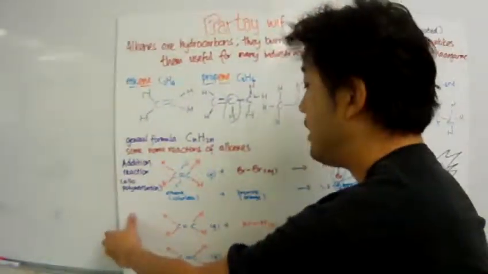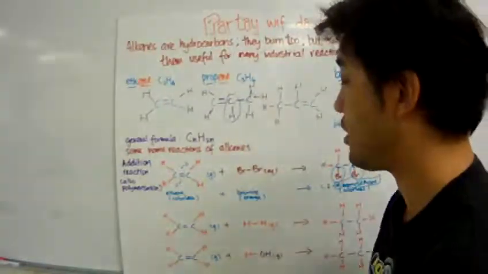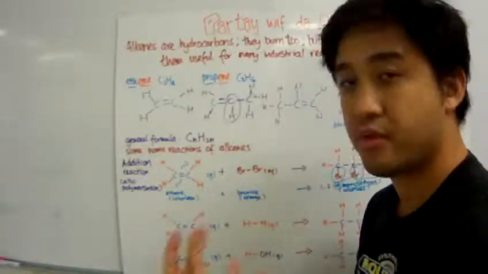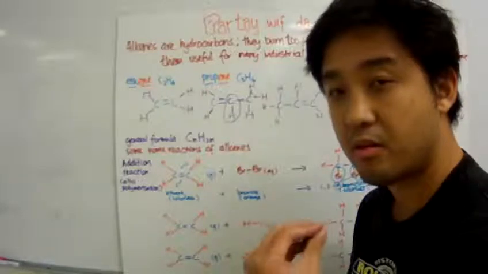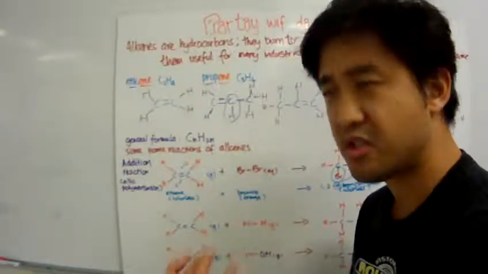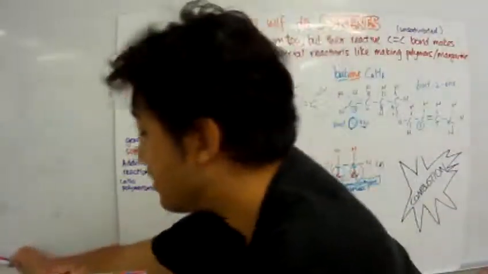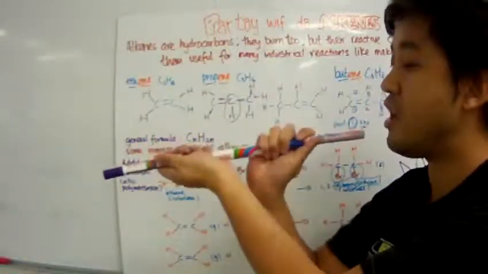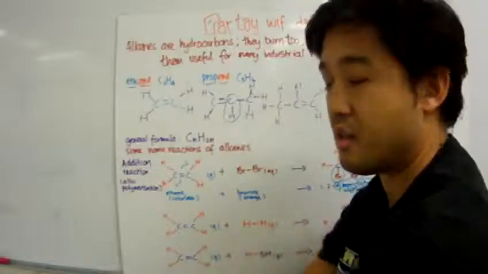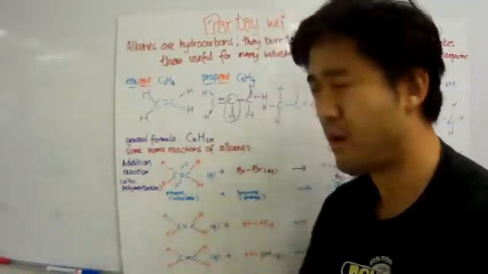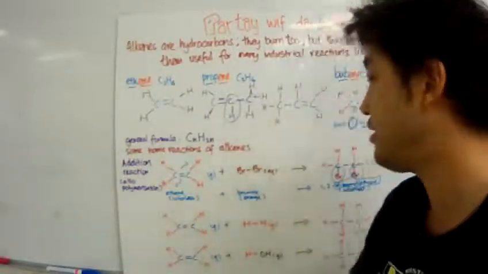Okay. Another addition reaction of ethene is through a process called polymerization. Polymerization is putting lots and lots of ethene together to form extremely long chains. All right? And we'll talk about that in the polymer unit.